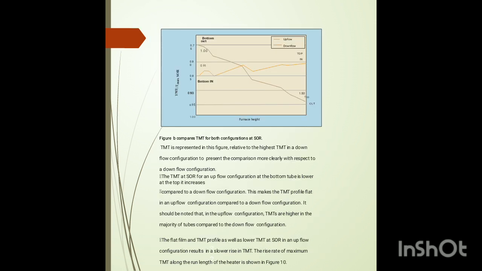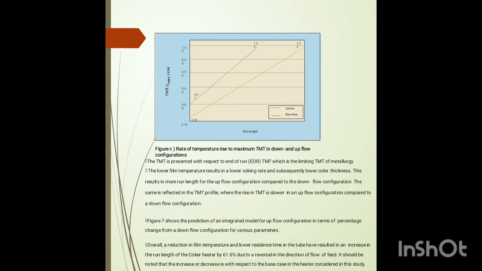In figure B, we are comparing the TMT for both configurations at SOR. The TMT at SOR for an upflow configuration is lower at the bottom tube and increases towards the top compared to a downflow configuration. TMTs are higher in the majority of tubes compared to the downflow configuration.